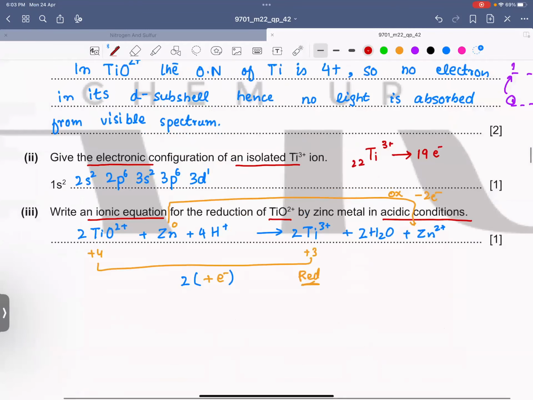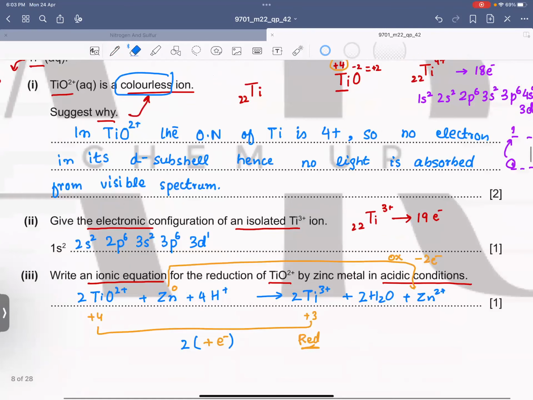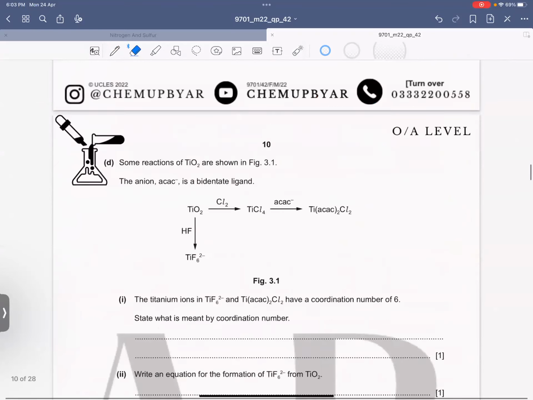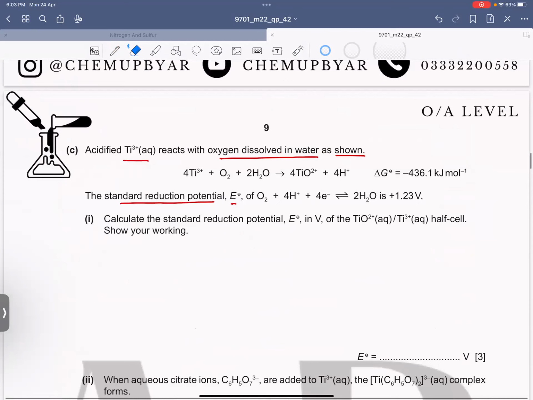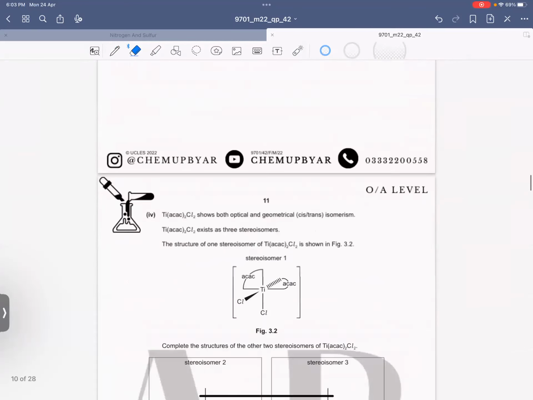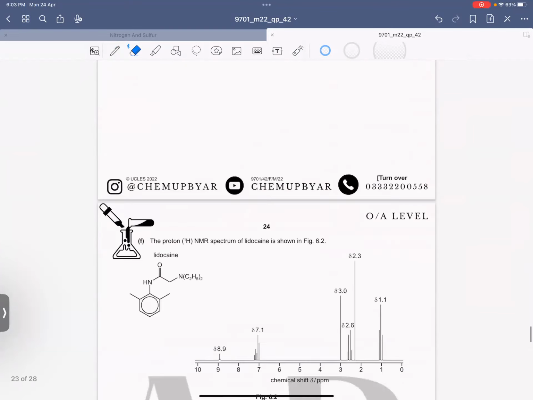So if you get equations like these, you have to make them on your own as we did right now. Otherwise, if there is a need of electrode potential, it would be given like this. You are provided the electrode potential over here, and beside this, the periodic table and the constants are given at the end, as you can see over here.